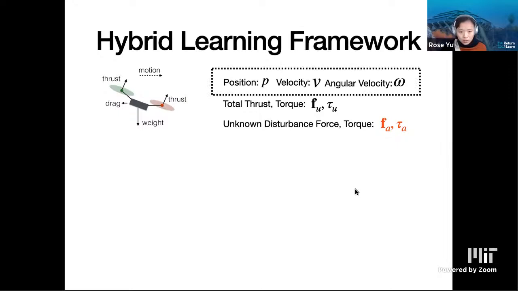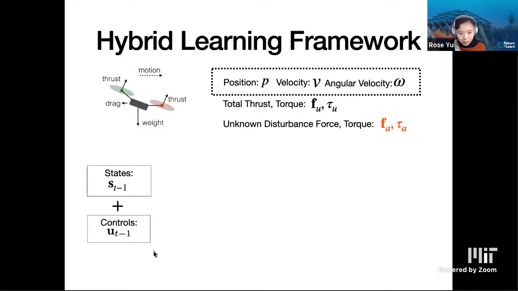In this case, we call all the measured variables P, V, omega the state of the system. That's the state of the system from the previous timestamp, S t-1. In the control setting, we also have external input, and that's the control from the previous timestamp, which refers to how you change the velocity or the angular direction of the drone through remote control.